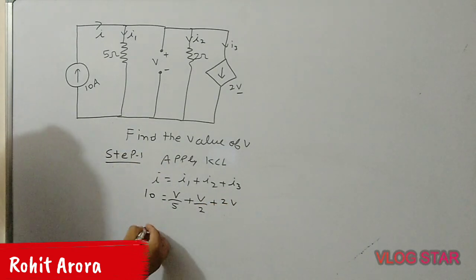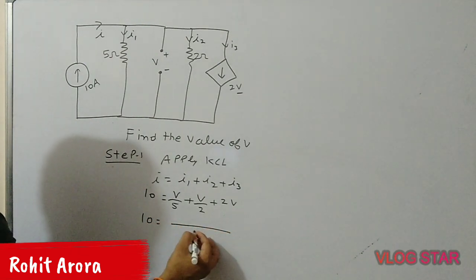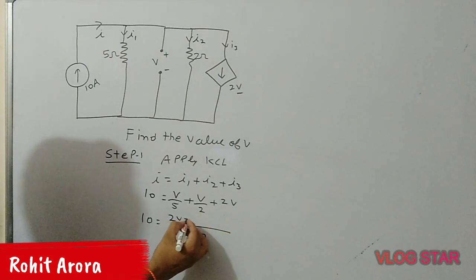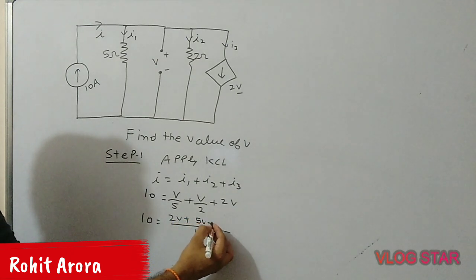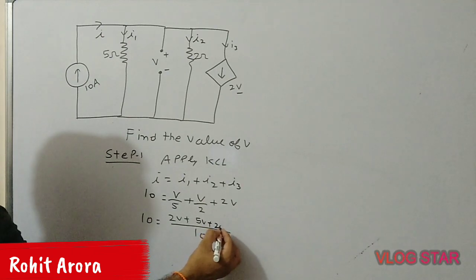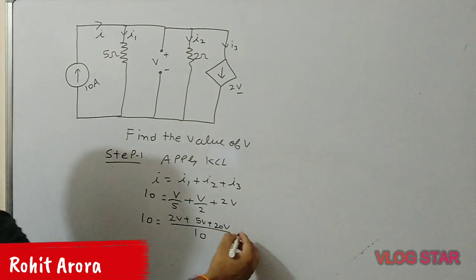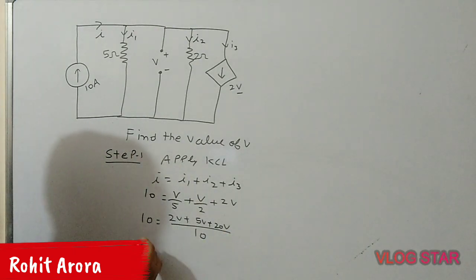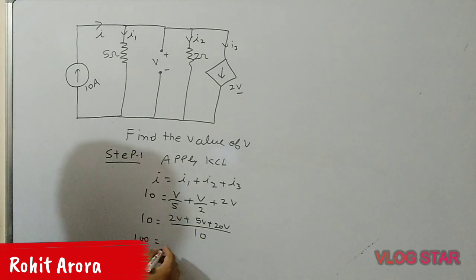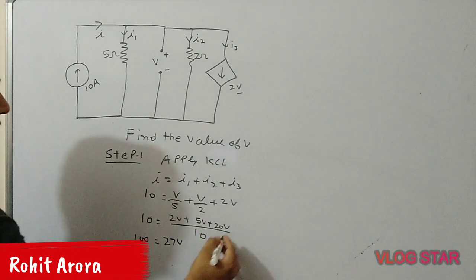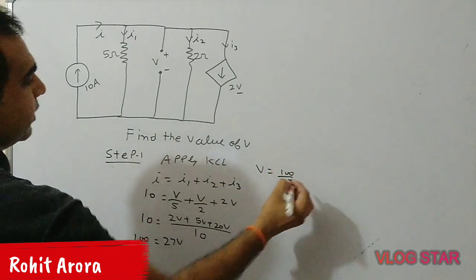Now find the value of this. 5 twos are 10, so 2V plus 5V plus 20V. It means 10 into 10, 100. 5 plus 2 is 7, 7 plus 20 is 27V. It means V is equal to 100 by 27.